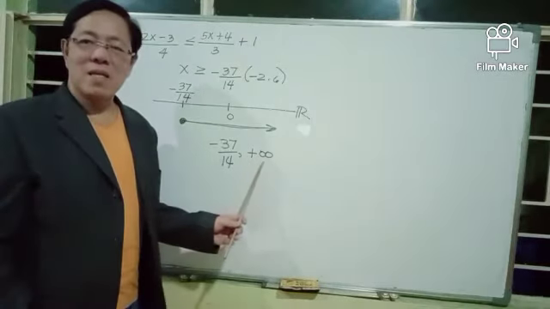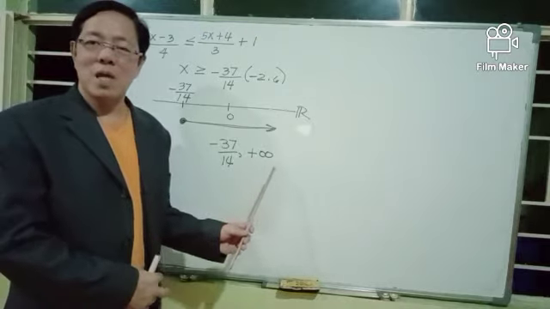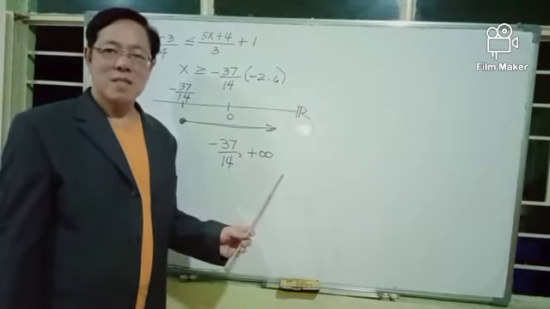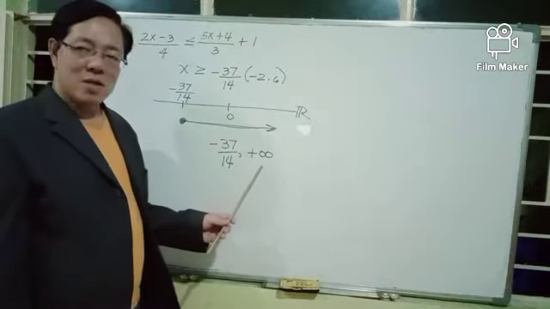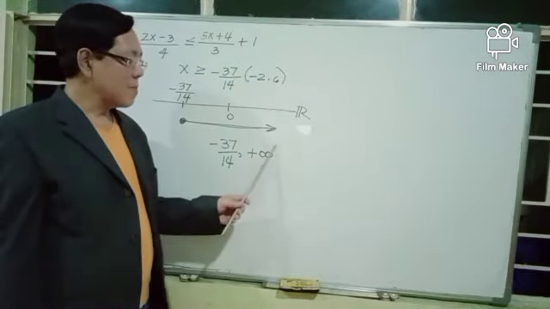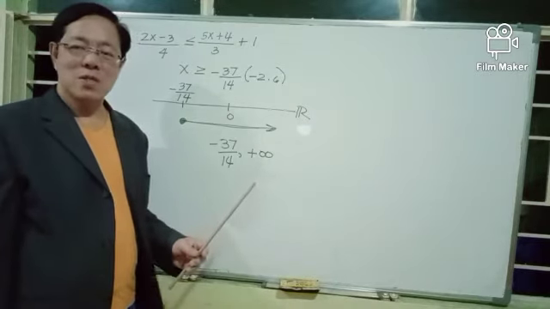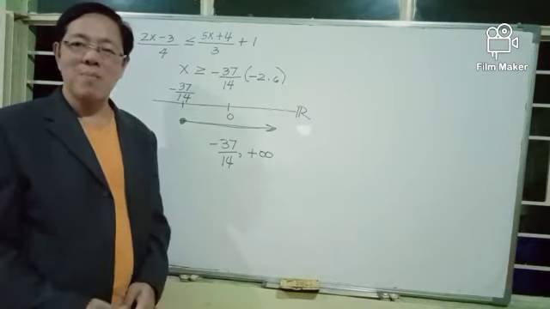Again, positive infinity is not a real number but only a symbol representing a very, very large positive real number. And because it's only a symbol, this positive infinity is not actually part of the set of solutions, and we indicate that by an open parenthesis.